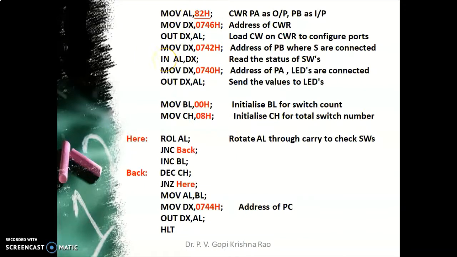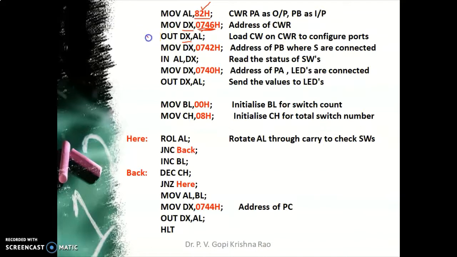As we are performing input output mode and the address is a 16-bit address, we have to use the DX register for the address. In the address mapping, we have seen the address of the control register is 0746. So the DX register is loaded with the control word register address and the configuration word is sent to the control word register.